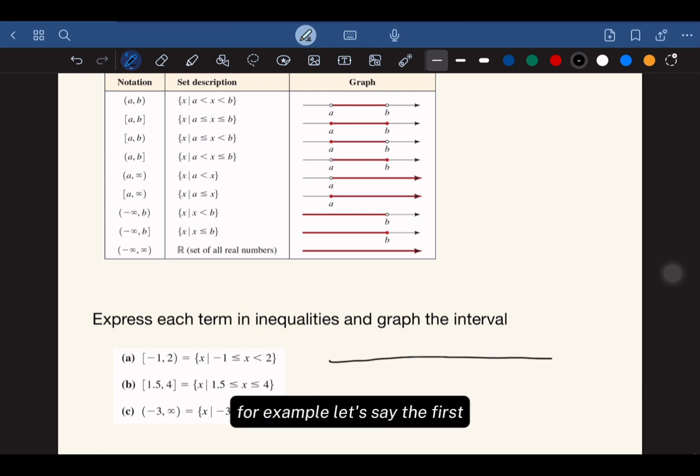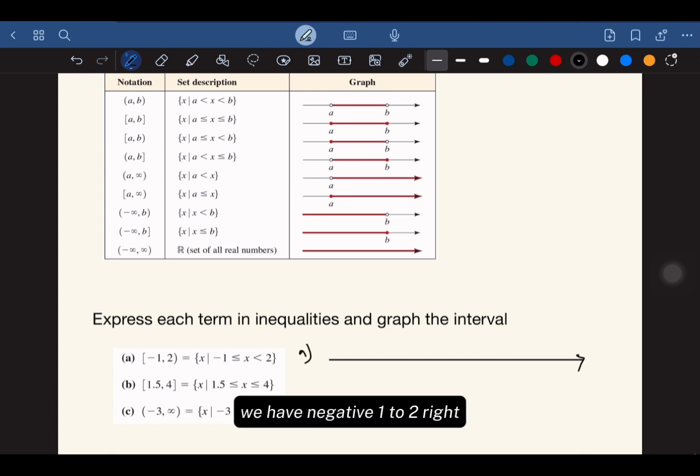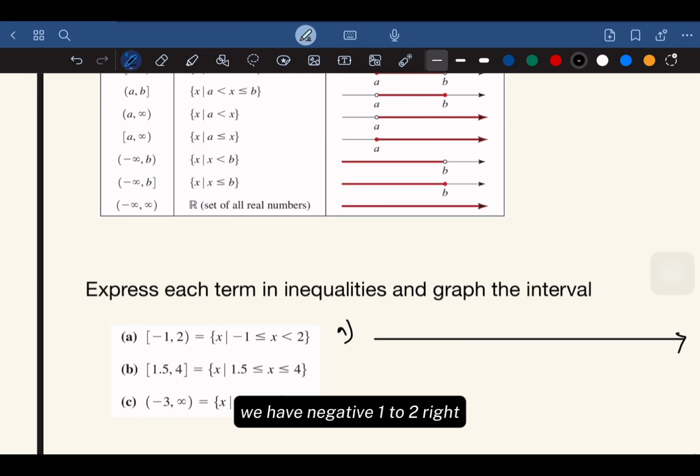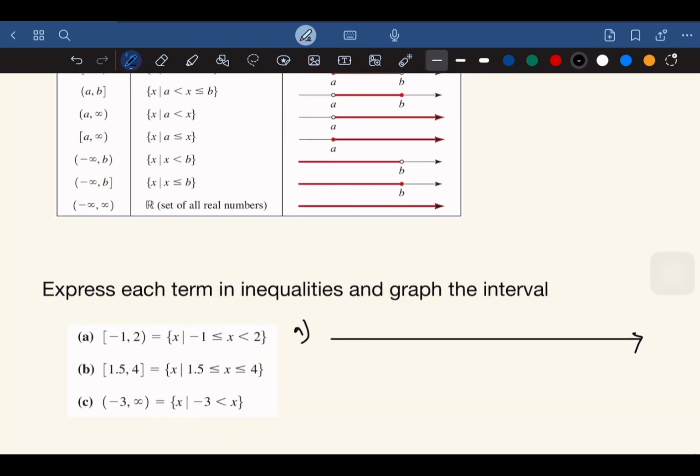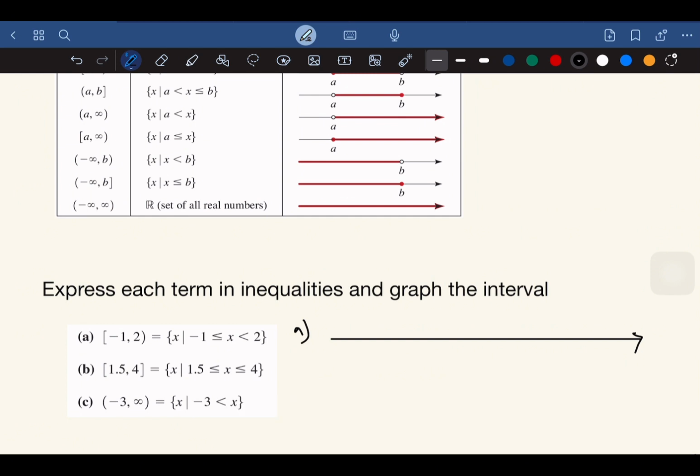If you want to express each term in inequalities and graph the interval, which means we are going to draw the number line, for example, let's say the first one here is A. We have -1 to 2, right? We need to include -1 and exclude the number 2.